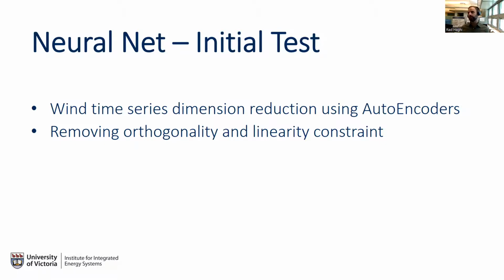For example, if we get a wind box from measurement data, from measurement of a met mast, we should be able to put it through this neural network and reduce the dimension of that wind time series to a limited number of nodes. That's one thing. Another thing is we are hoping that, by using a neural network, we would be able to remove the orthogonality and linearity constraints. So we would be able to reduce, again, the dimension of the data that we have to a smaller number of nodes.